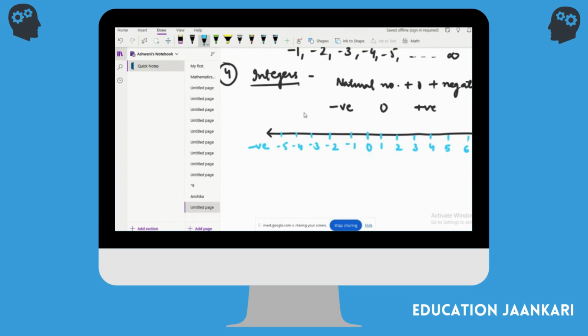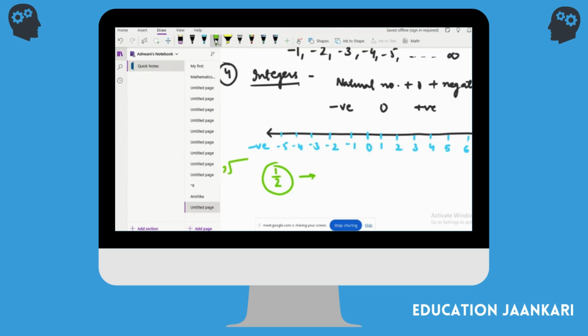Okay, Samya, if I want to write 1 by 2 on the number line, where will I place it? 1 upon 2, where will I place this number? Between 1 and 2 or somewhere else?